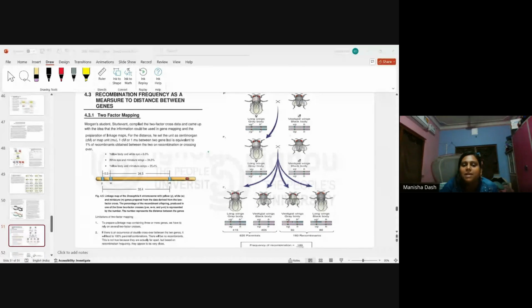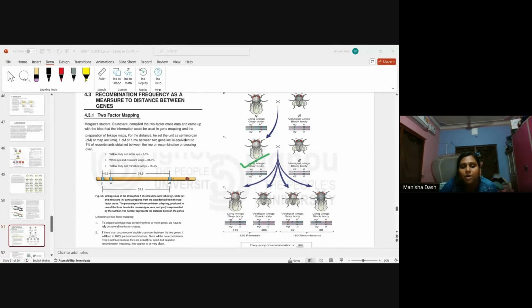This parent will give a gamete that is VG b. When they combine in the F1, you will have a heterozygous genotype, VG plus B plus from this chromosome and VG b from this parent. So this F1 hybrid will have the dominant parent phenotype, that is long wing and gray body.